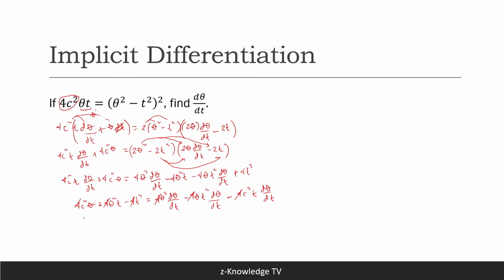Okay, then matitira dito is c squared theta plus theta squared t minus t cubed is equal to, so, ilabas natin yung d theta over dt. So, magiging d theta over dt. So, matitira is theta cube minus theta t squared minus c squared t.